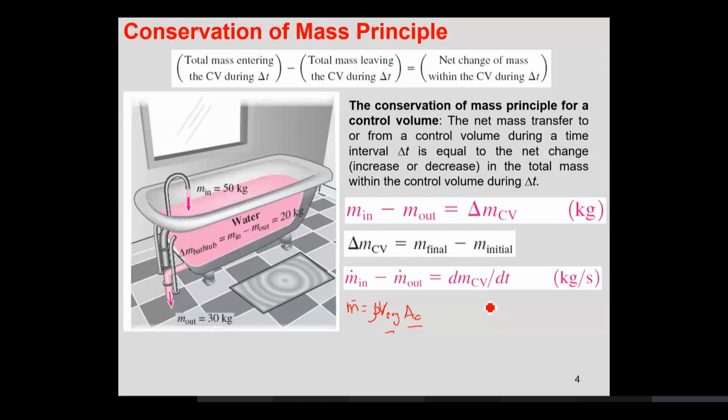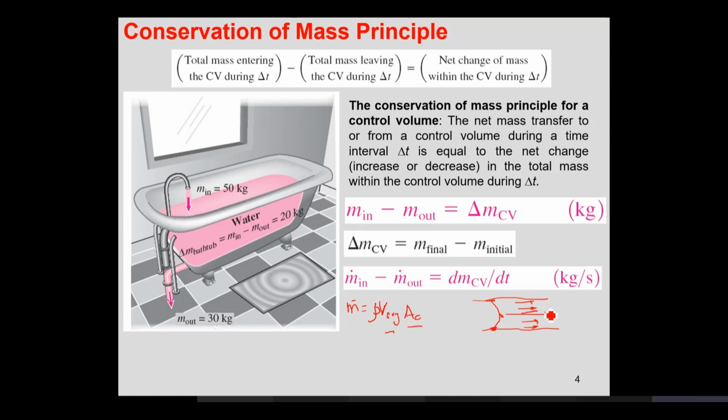Average velocity: from your knowledge of fluid mechanics, you must know by now that when a fluid is flowing within an enclosed tube, at the periphery, at the interface, the velocity is essentially zero, and the velocity is maximum at the center. So you have this sort of profile for the velocity in a fluid under the no slip condition. In such a case, you take the average velocity, which represents the complete velocity of the fluid. That is the average of the maximum and zero.